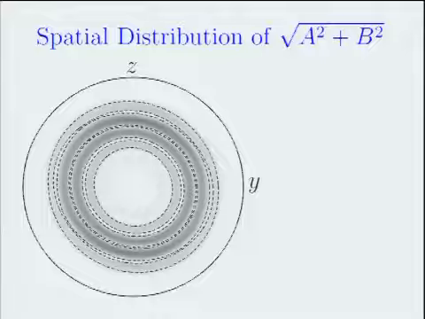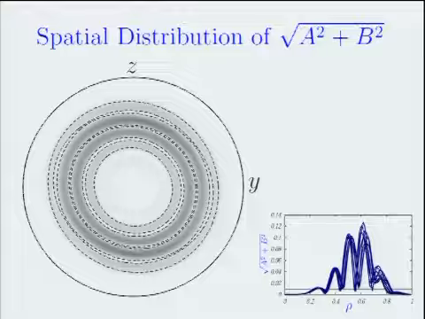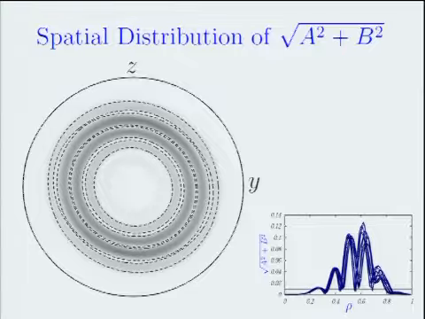And this is the spatial distribution of this function on that plane, on the circle. There we have 3 minima, 4 minima.